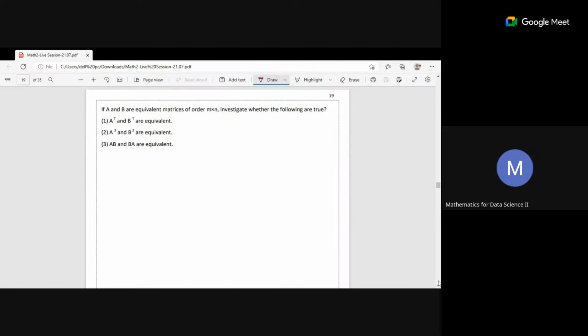So if A and B are equivalent matrices of order m by n, investigate whether the following are true. The very first condition, already you are given that A and B are equivalent. So what is given to you? A and B are equivalent. It means there exist invertible Q and P such that B is equal to QAP.